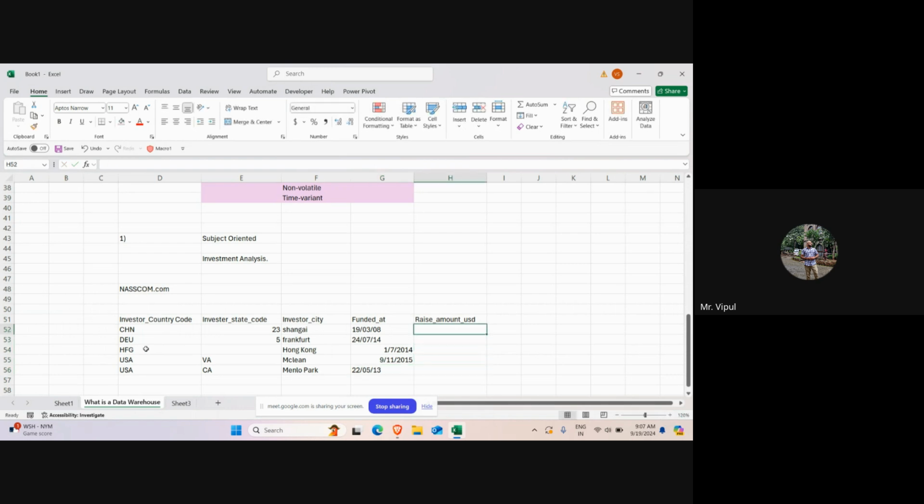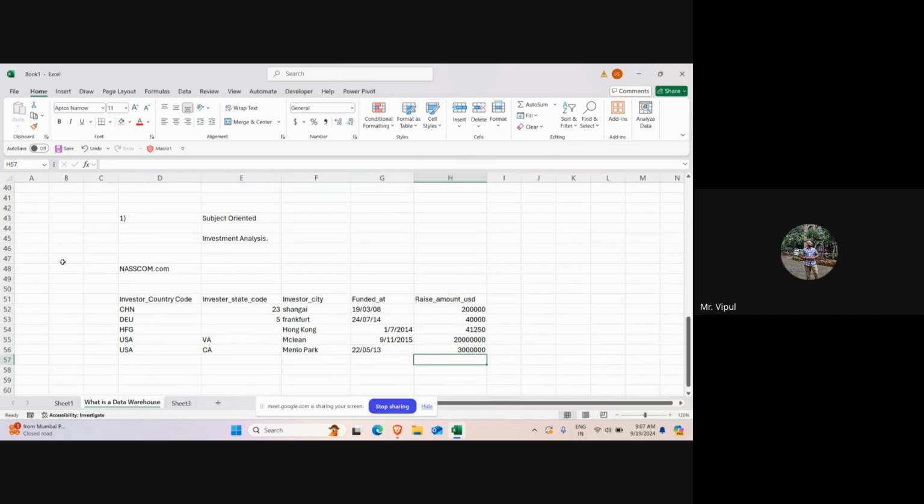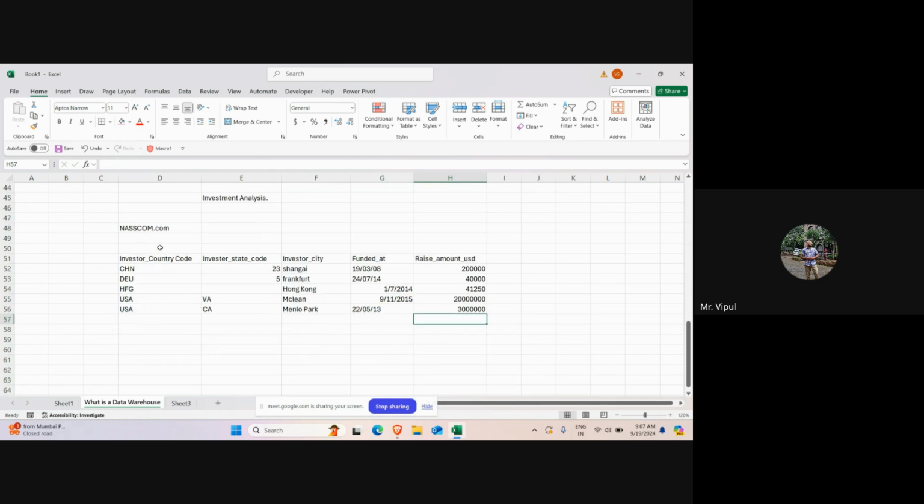And raise amount is, let's say, $2 million or something like that, $40,000, $41,000 to $50,000, $3 million, something like that, right? Since we are interested only in sector-wise and geo-wise analysis of our investment, we should only include the data pertaining to the subjects in our data warehouse.